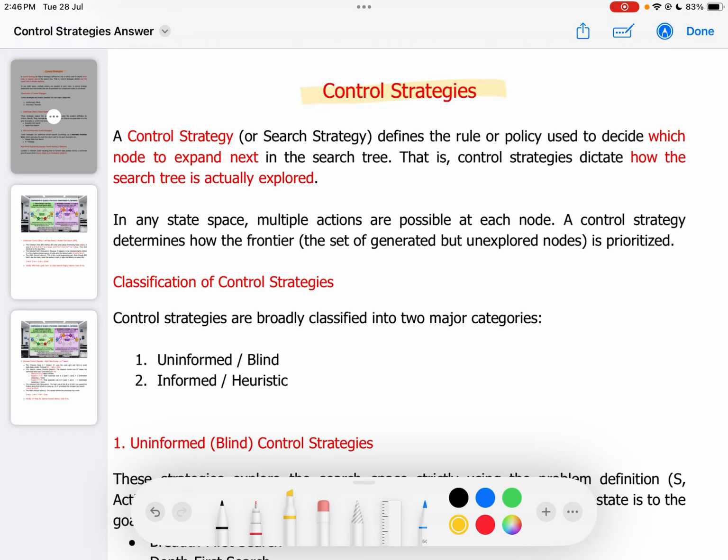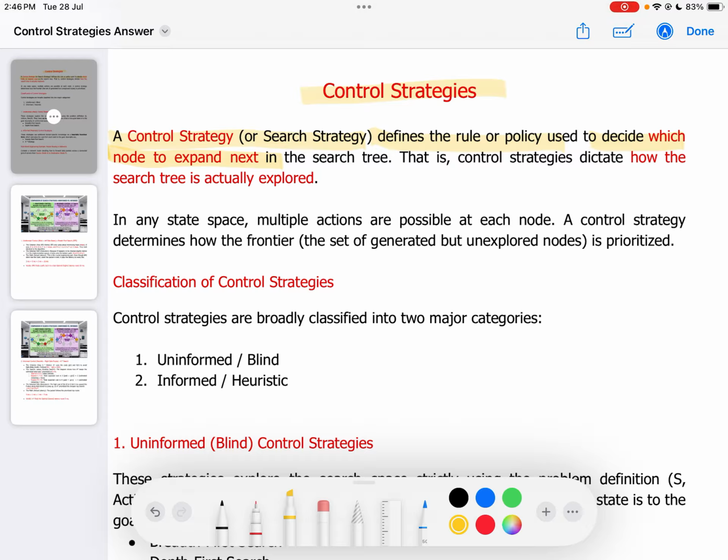Okay, what is a control strategy? Control strategy or search strategy defines the rule or policy. Policy for what? It decides which node to expand next. There is a search tree. I told you in the last videos, the search will convert the problem into a data structure or a search tree, which is called a frontier.